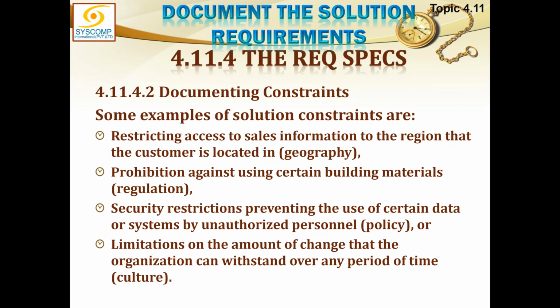Prohibition against using certain building material, that is a regulation. Security restriction preventing the use of certain data or system by unauthorized personnel, that is a matter of policy. Limitations on the amount of change that the organization can withstand over any period of time, this is the culture. So you can see different solution constraints, how they can be categorized into geography, regulation, policy, and culture.